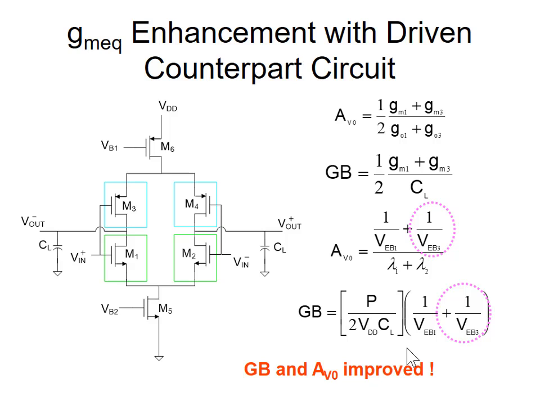Now keep in mind, this is now a symmetric network. So these are AC grounds. Okay? So my first transistor, the quarter circuit, and this goes to ground.